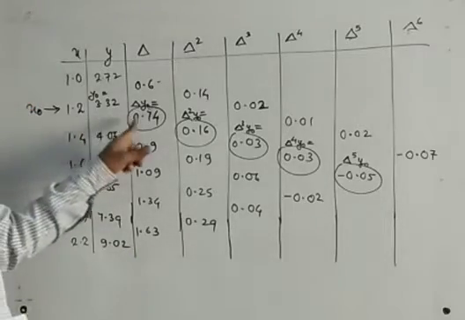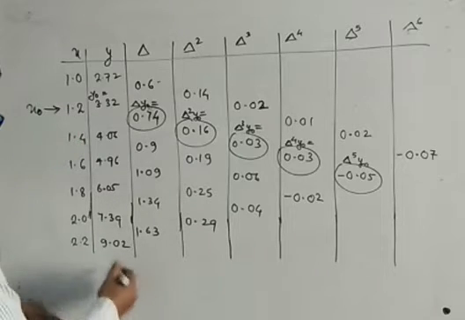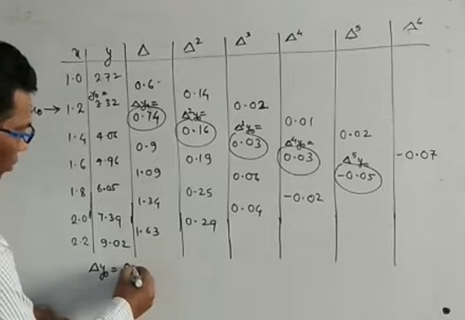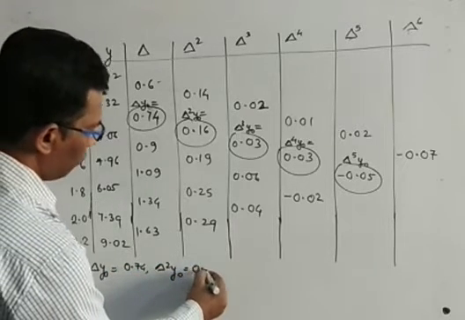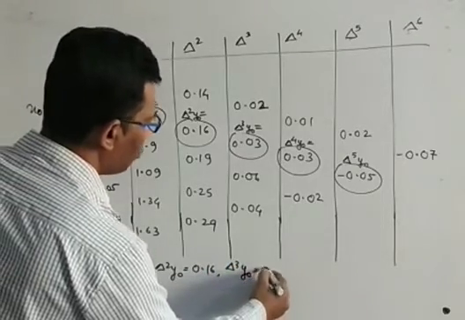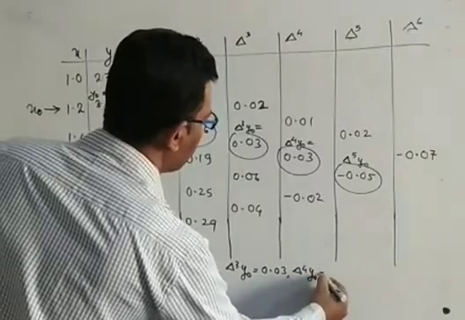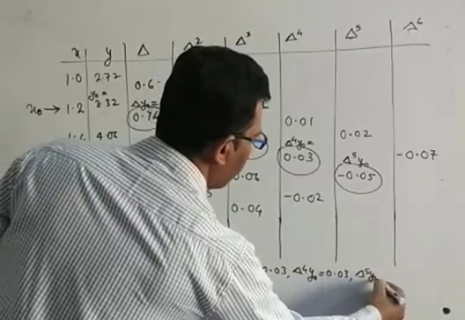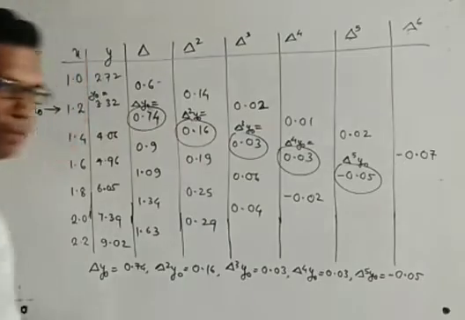So we need these values: delta y0 equals 0.74, delta square y0 equals 0.16, delta cube y0 equals 0.03, delta 4 y0 equals 0.03, and delta 5 y0 equals minus 0.05.